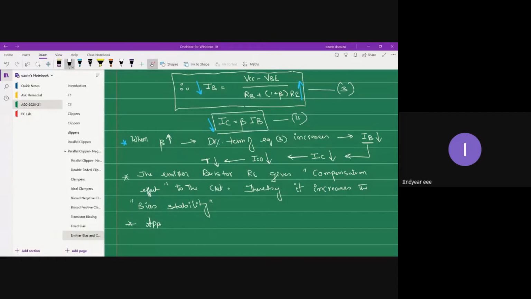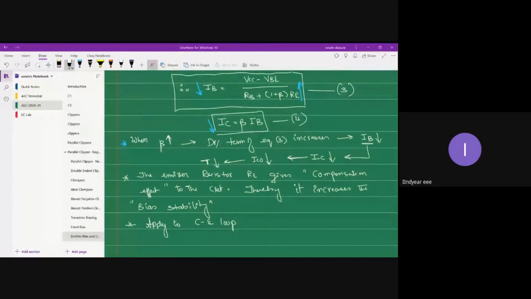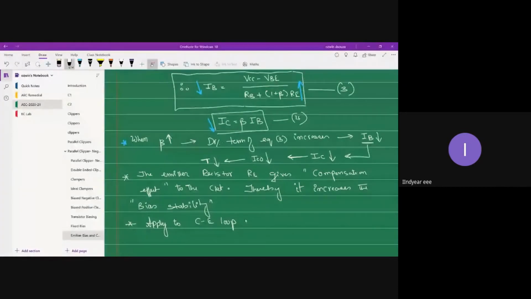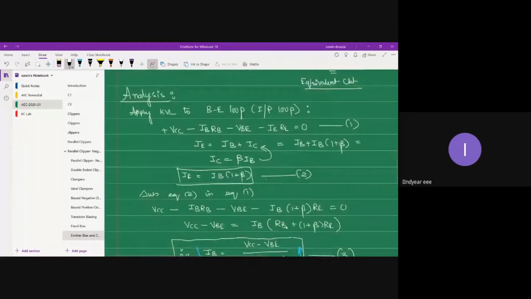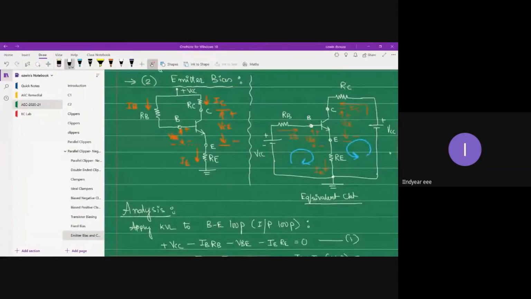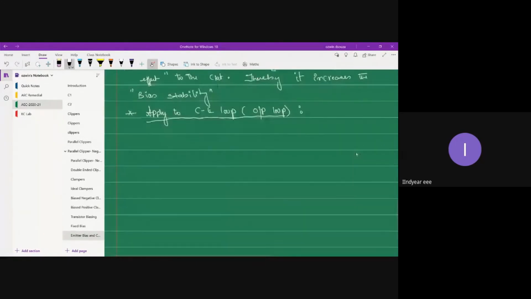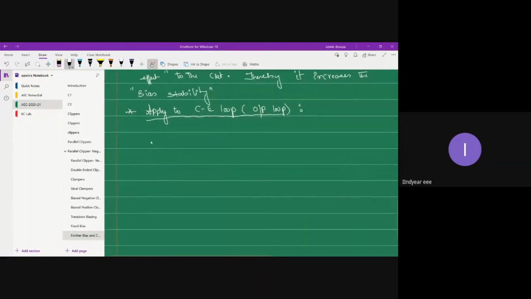Next, let us apply KVL to the collector emitter loop, which is also nothing but the output loop. When you apply KVL to the collector emitter loop, in the anti-clockwise direction, it is VCC minus ICRC minus VCE minus IERE.